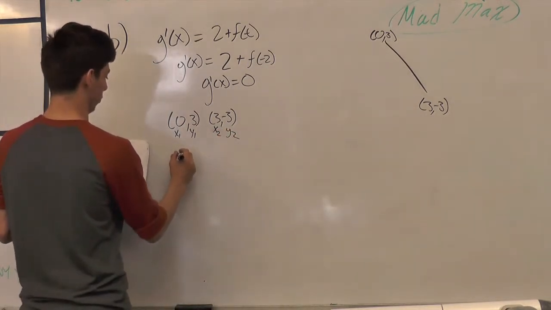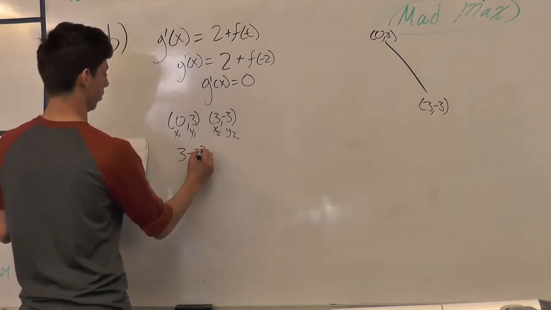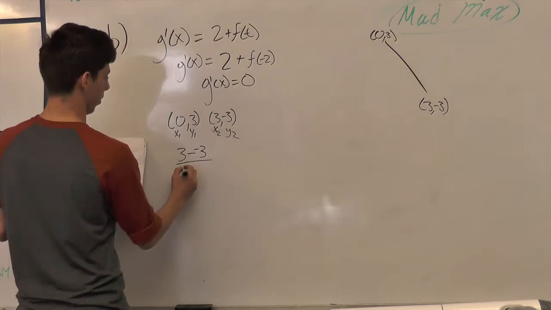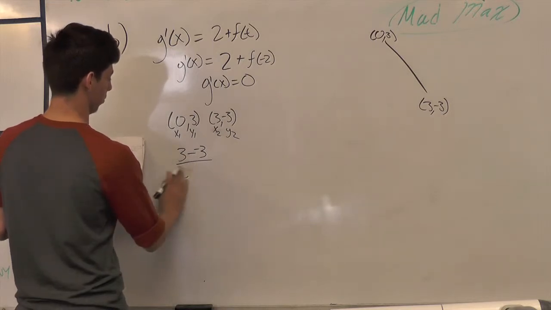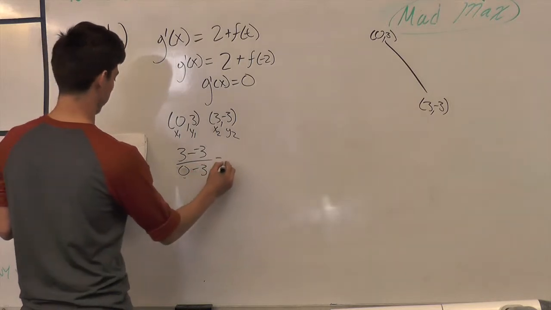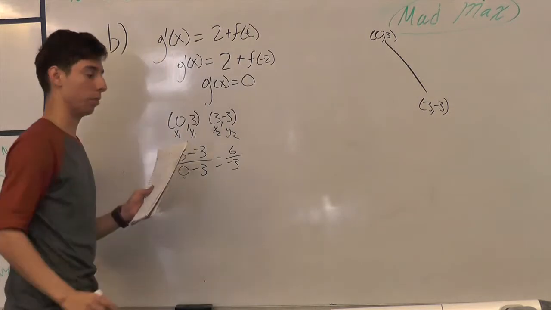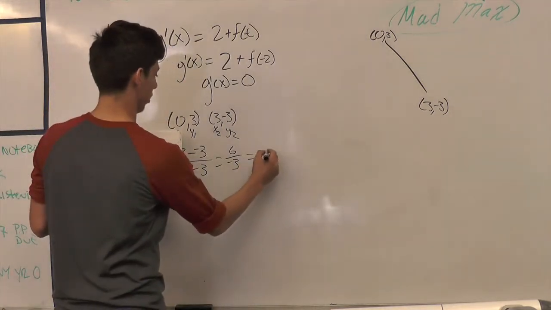Now you put y1 minus y2 over x1 minus x2. You end up with 6 over negative 3, which simplified equals negative 2.